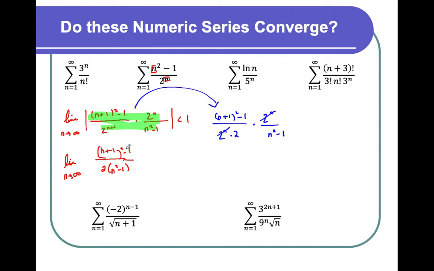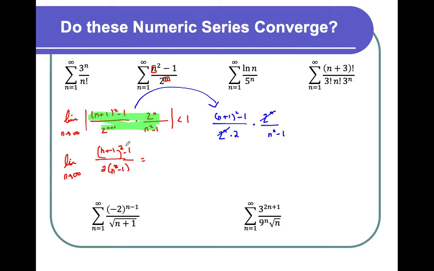Again, look at what I've got here. The highest power in my numerator is n squared, and the highest power in my denominator is n squared. So my powers are even. What does that mean? Remember your pre-cal? As you go to infinity, the limit is the ratio of the leading coefficients.